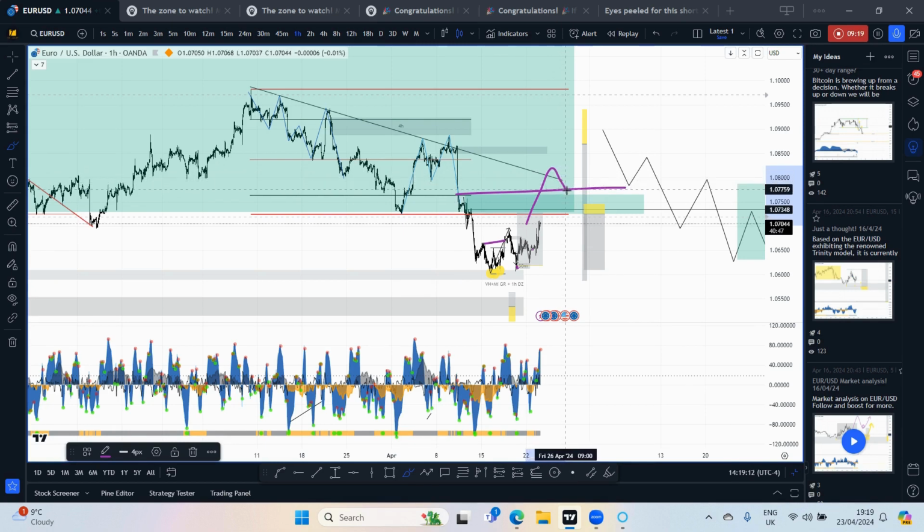If we get accepted back into this old range, there is a higher probability that we take out the POC. If we take out the POC, there is a higher probability that we aim for the value area high. And if we aim for that value area high and close above it, there is a higher probability that we go and test that range high. Okay, so that's something to be aware of.